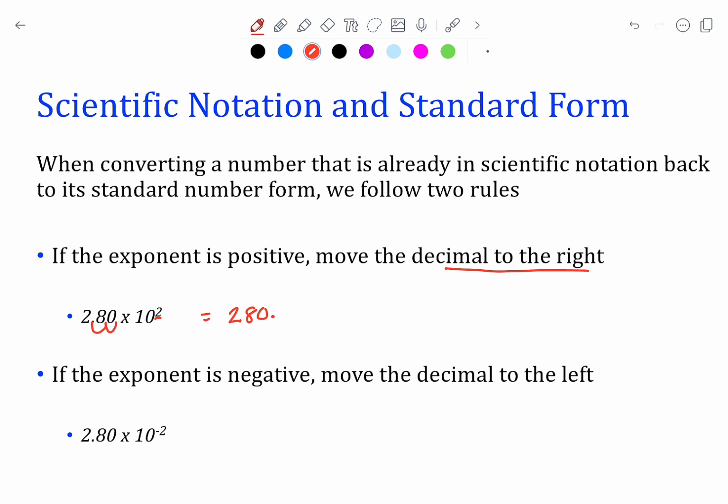If the exponent is negative, then move the decimal to the left. So I'm going to take 2.80, and I have it as times 10 to the minus 2. So I'm going to go 1, 2. I'm going to fill in that blank with a 0. So we have 0.0280 as our value now.